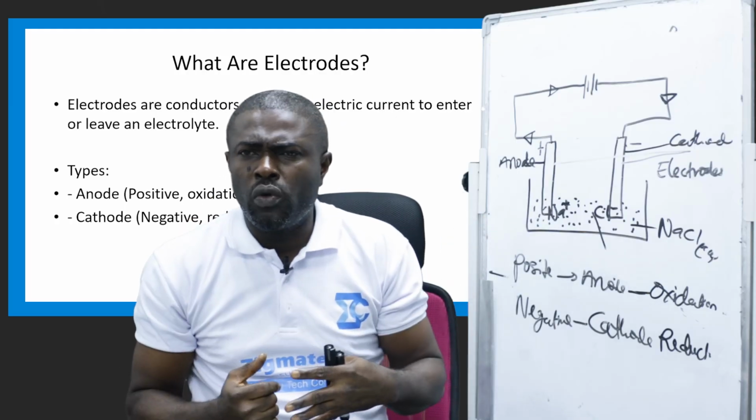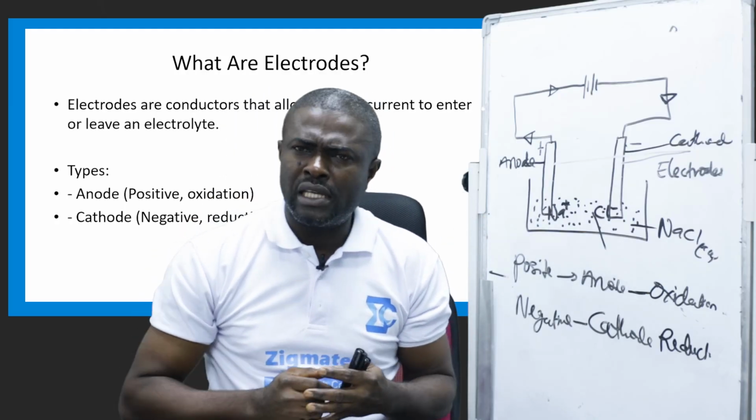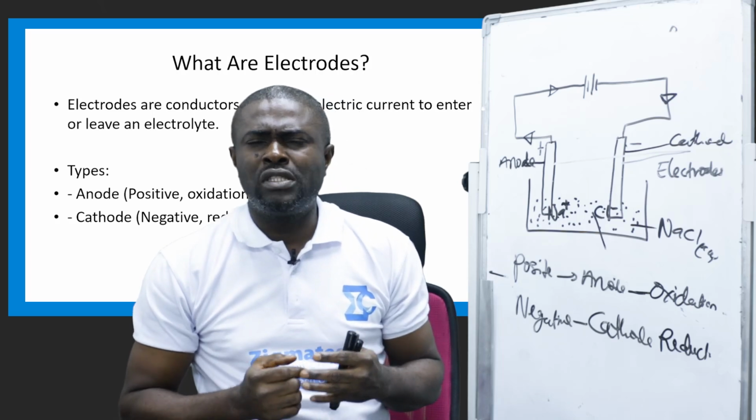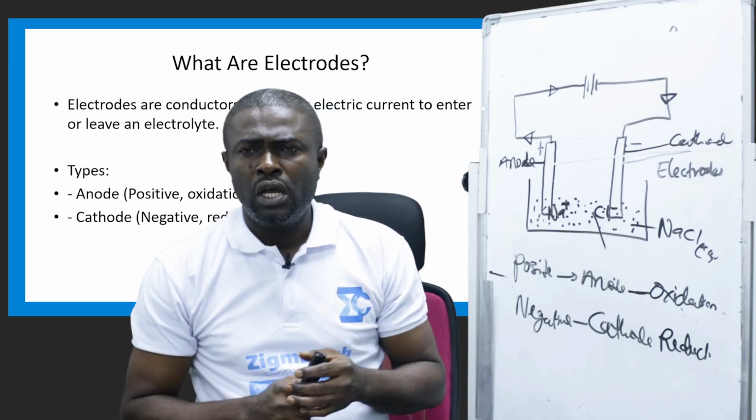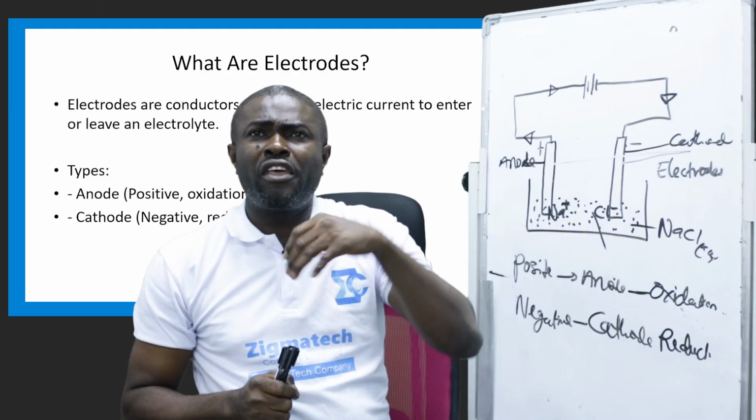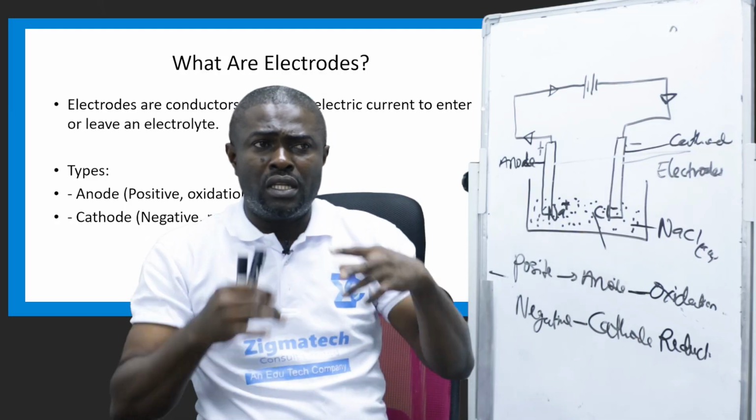But what definition will you give in an external exam where you are asked to define an electrolytic cell? I want you to define it with the function. What is actually happening in the system?